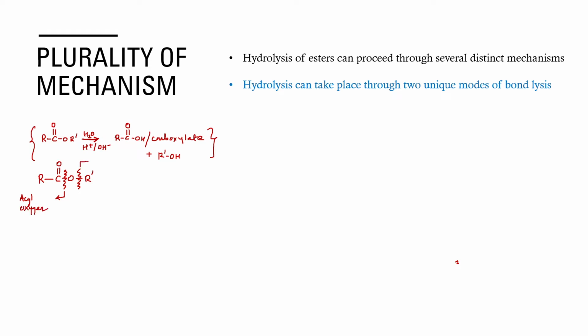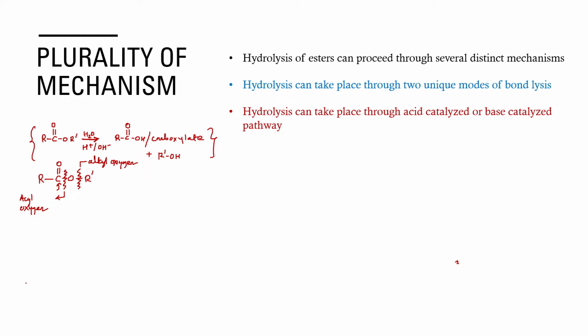And this is called alkyl oxygen lysis. या फिर आप इसको बोल सकते हो एसाइल ऑक्सीजन बॉन्ड which has been broken. Why is it acyl? Because ये group acyl है, so this is known as acyl. The first one is known as the acyl oxygen lysis, and if the alkyl group and oxygen bond is broken, therefore it is known as the alkyl oxygen bond lysis. तो दो तरीके हैं बॉन्ड को ब्रेक करने के.